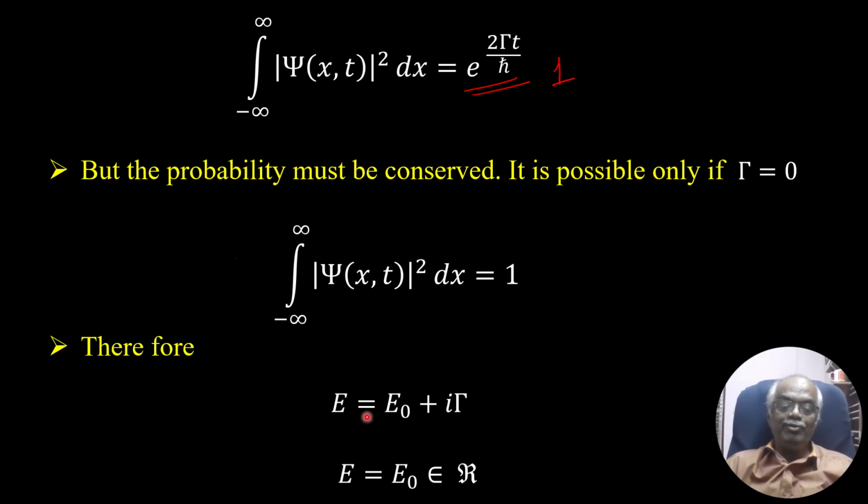So initially we defined E is equal to E naught plus i gamma. Since gamma is equal to 0, E is equal to E naught, which is a real part. Both are real. E is equal to E naught, which is real. Hence, we proved the first theorem.